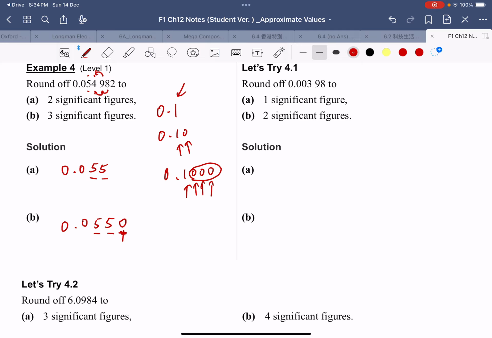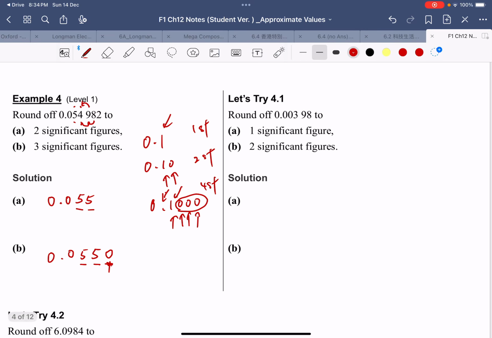All 0s after a non-zero digit after a decimal point are all significant. Okay, so just 1 SF here, 2 SF, and 4 SF in this number.